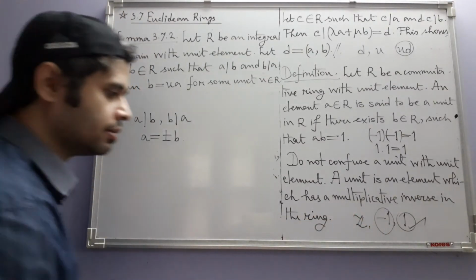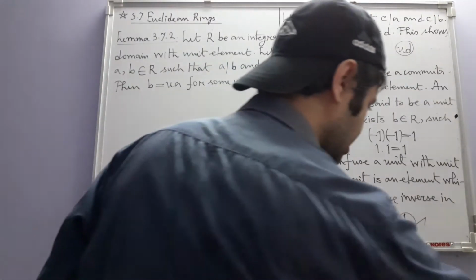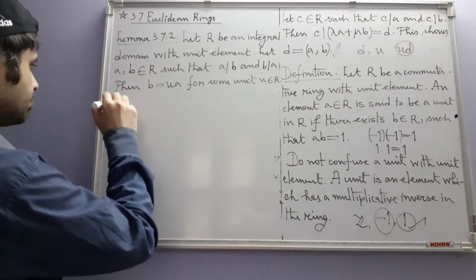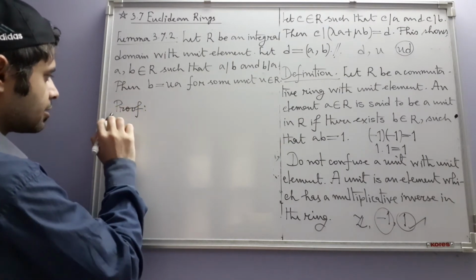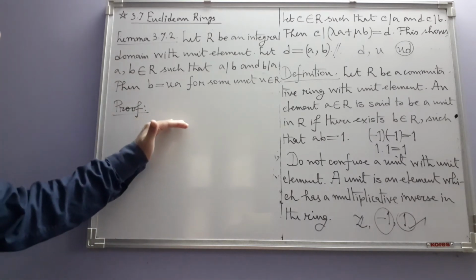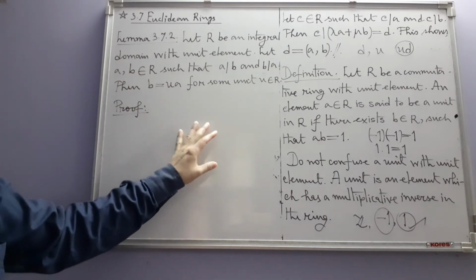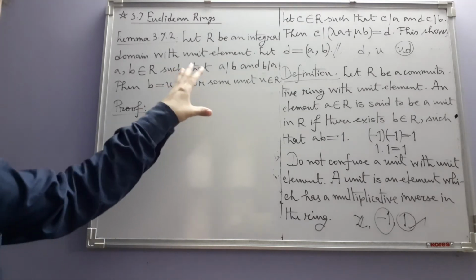So that's the thing. In general we have this, and the proof is not very difficult, it's rather easy. Most of the results and the proofs we are seeing here follow the same pattern that we have come across when we proved similar results for integers.